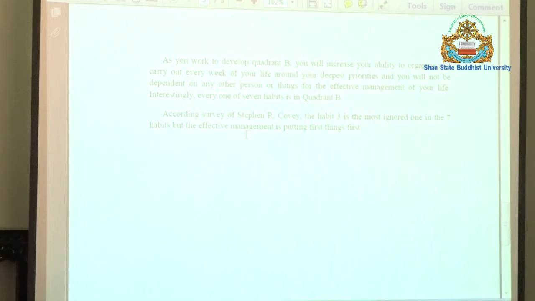Interestingly, every one of the 7 habits is in quadrant two. According to a survey, habit 3 is the most ignored one of the 7 habits, but effective management is putting first things first. Okay. Thank you.